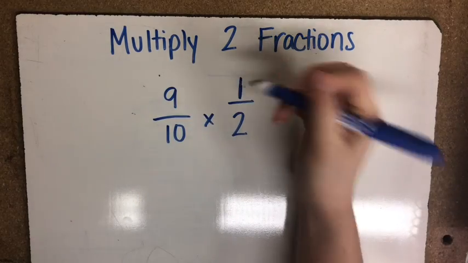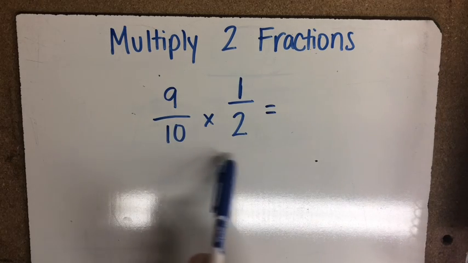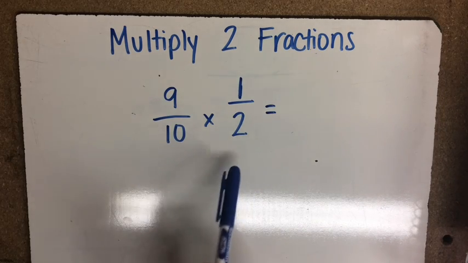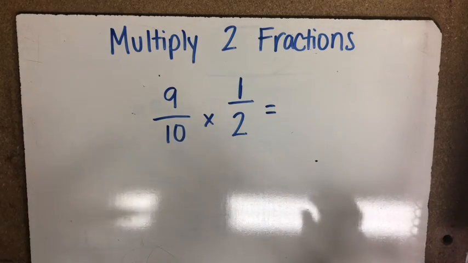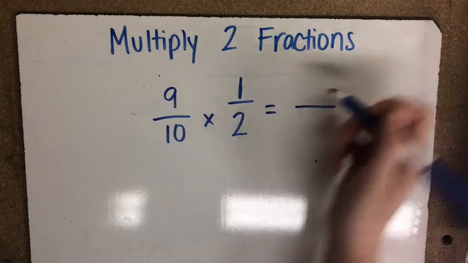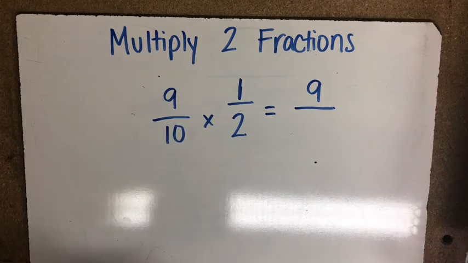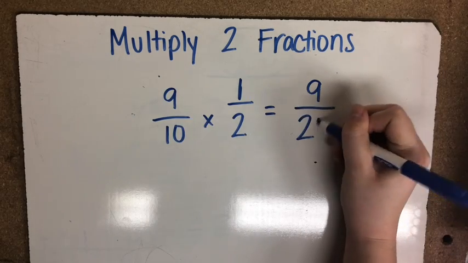Okay? So when you multiply fractions, the best way to write it is to write it horizontally like this. So a little different than when we add fractions. All you do is multiply the top. 9 times 1 is 9. Multiply the bottom. 10 times 2 is 20.